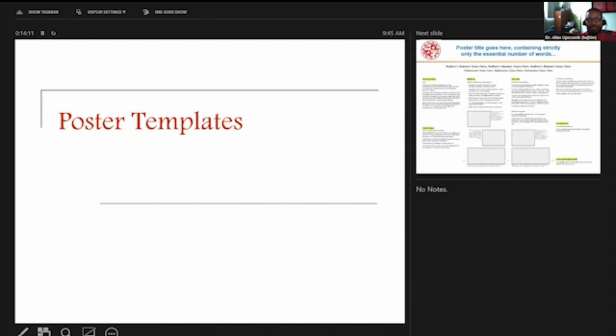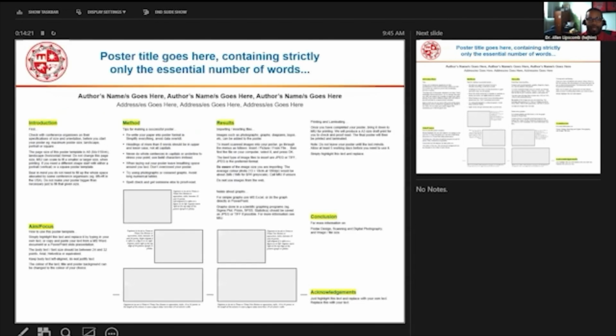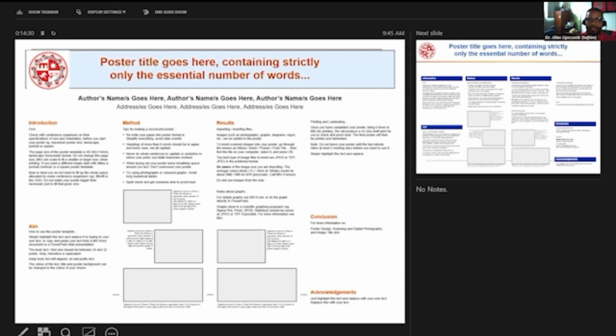Here are some poster templates, just to give you an idea. Of course, you want to go by what they indicate and what they tell you, and or what your research advisor tells you. Okay, so again, these are just some templates and some examples of what I was just going over before. Here's another one. Again, just to give you the idea of the kind of flow, if you will.